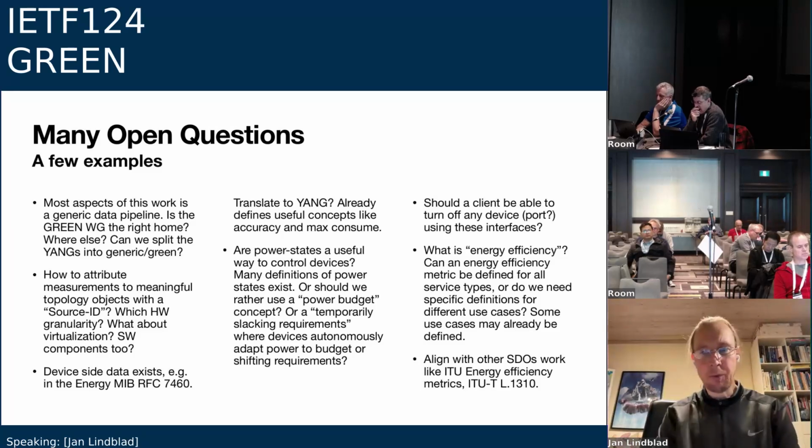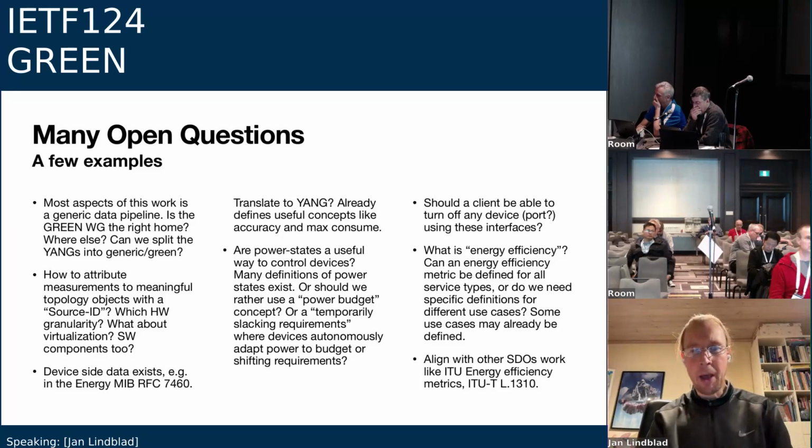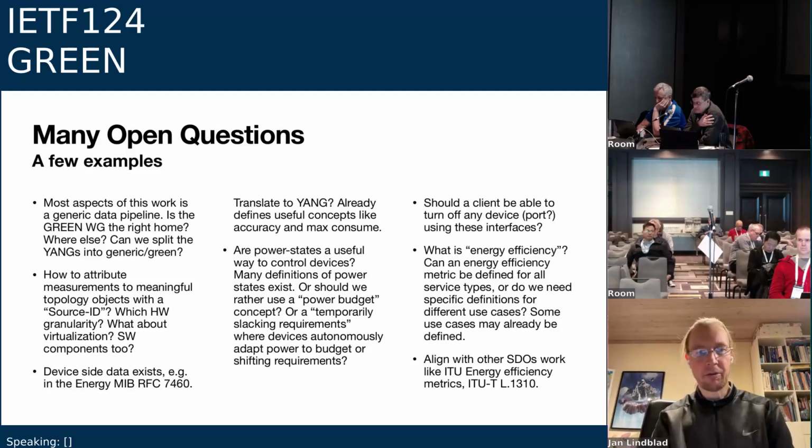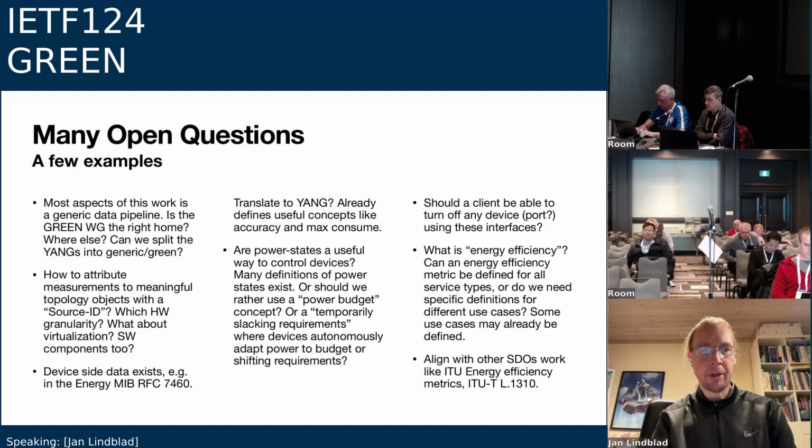For example, in Ivy, we have the topology. How do we map the energy objects to those other data structures that we have in other groups? We have previous work from the SNMP MIBs in the EMAN. Should we translate those to YANG? There are many concepts at least that we could take from there.